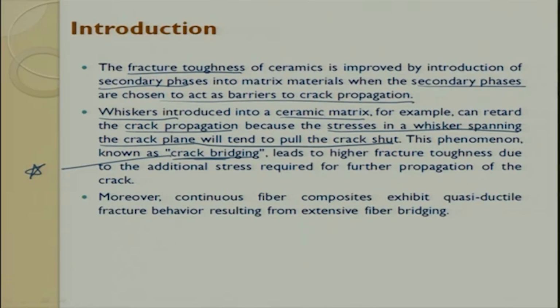What happens is, when the whisker is introduced into the ceramic matrix, it can retard the crack propagation, because the stresses in the whisker spanning the crack plane will tend to pull the crack shut, and this is called crack bridging, which leads to very high fracture toughness.